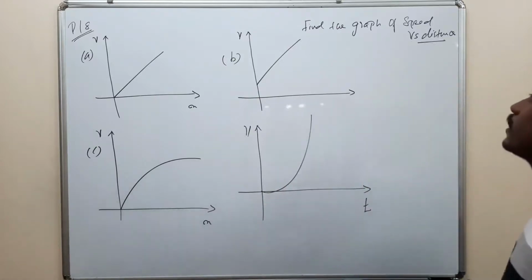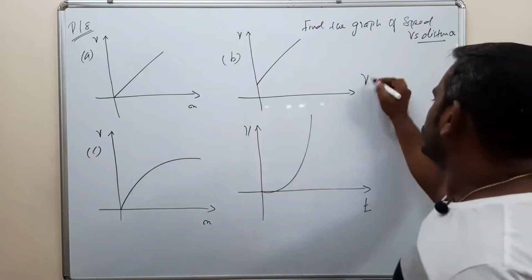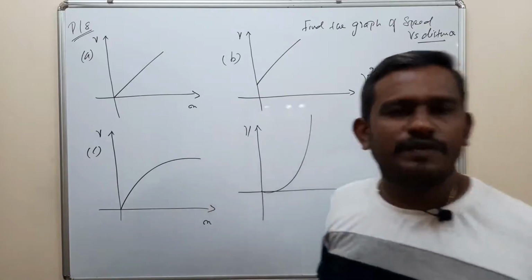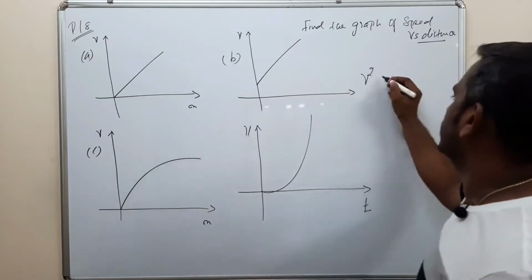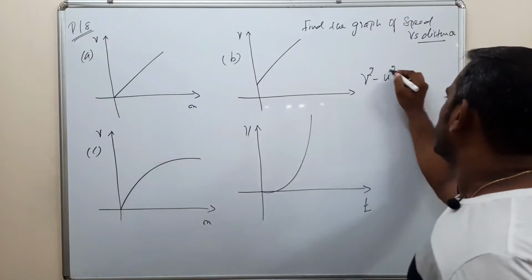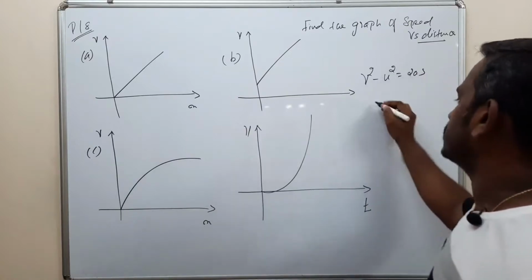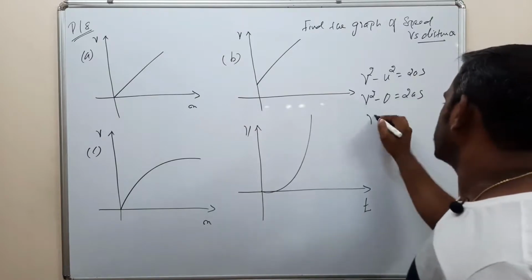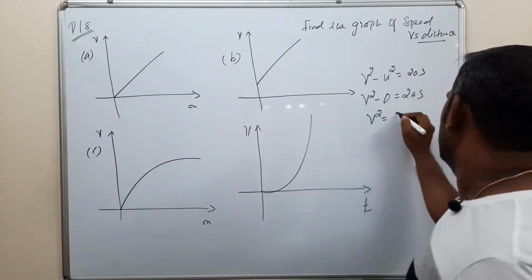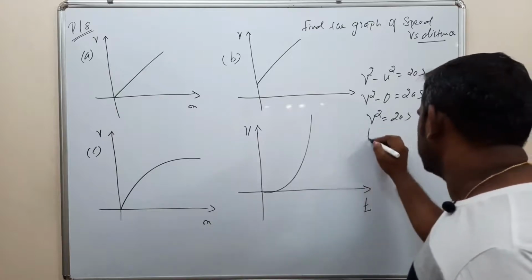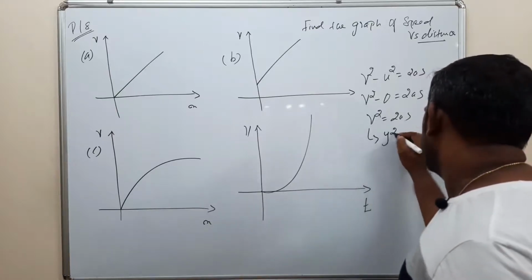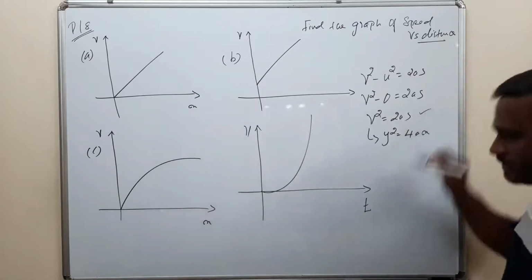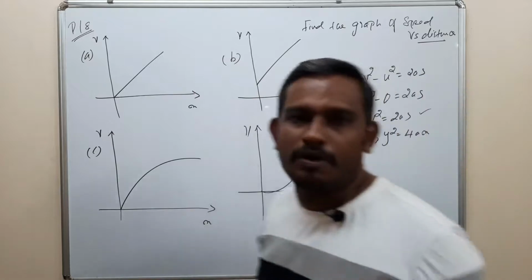The body starts from rest and moves with a constant acceleration. So we use the kinematic equation v square minus u square is equal to 2as. So v square minus 0 is equal to 2as, so v square is equal to 2as. It corresponds to the equation y square is equal to 4ax, so this equation resembles the equation of a parabola.